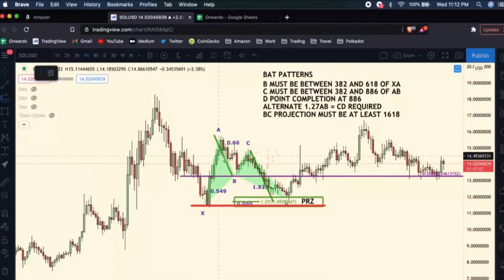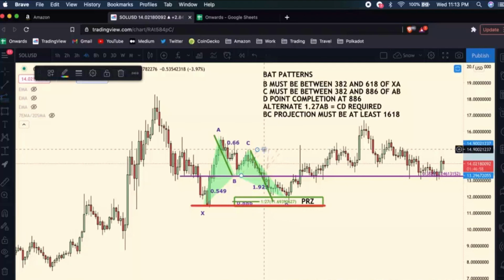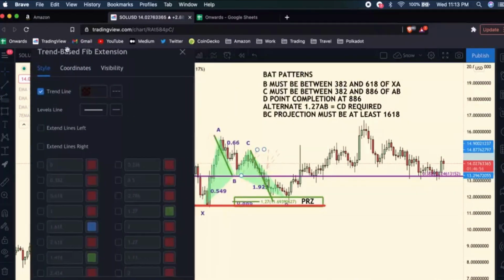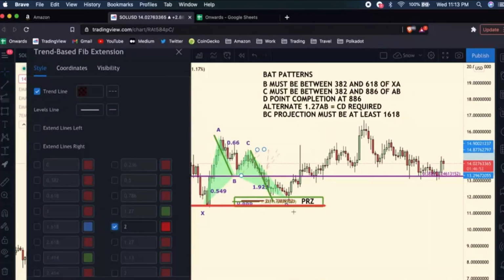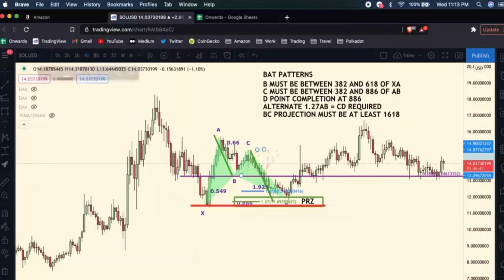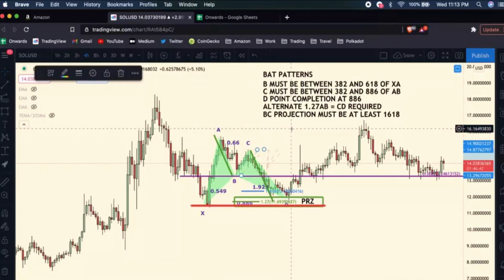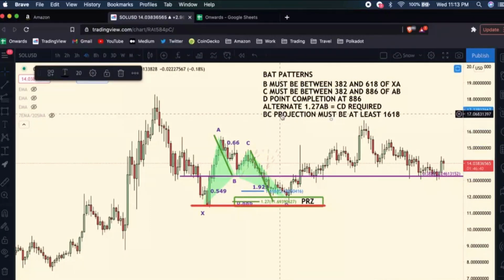And just to show you what I mean, if we look at our BC projection that we had here, if you guys remember, in our PRZ, or potential reversal zone, we had our 2 right there. But if we throw our 1618, you see that was definitely hit, because we crossed it before our D point completion. But it is a required rule of the bat pattern. You must meet this minimum: BC projection must be at least 1618.